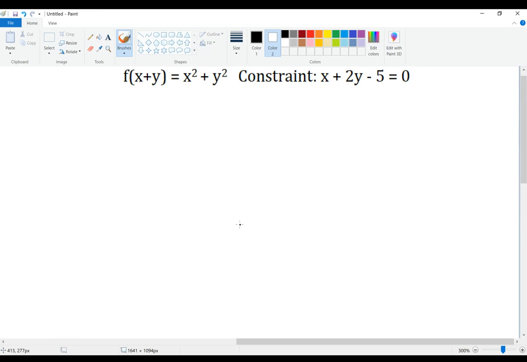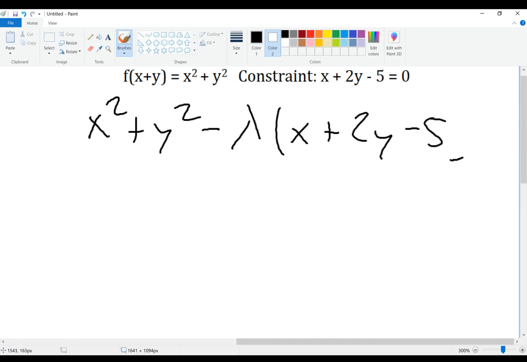So first thing we're going to do is set x squared plus y squared, and subtract it by lambda times x plus 2y minus 5.